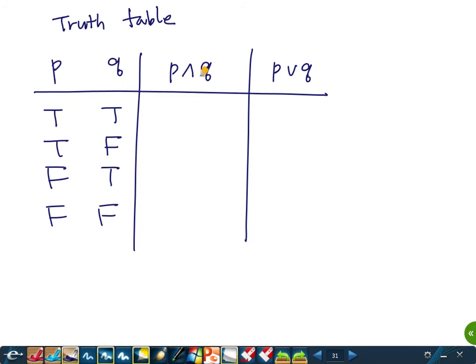T and T is true. You can think of this as the definition of the word and. And is true if these two are true. And this is false, false, false. These are, in fact, the definition of and.